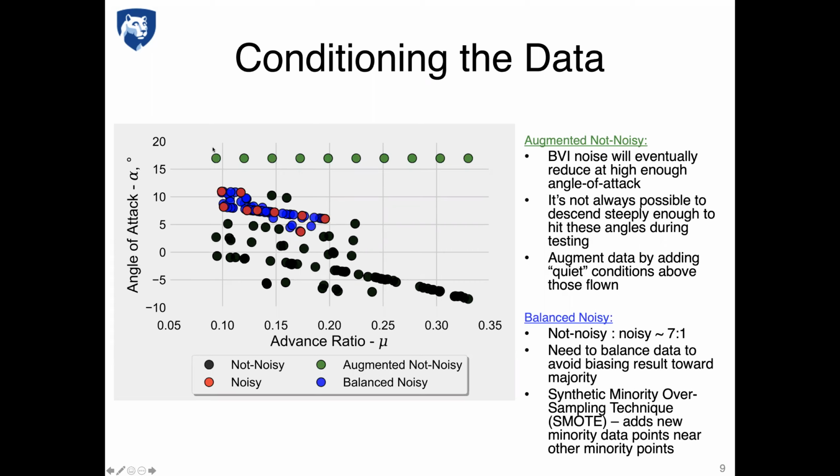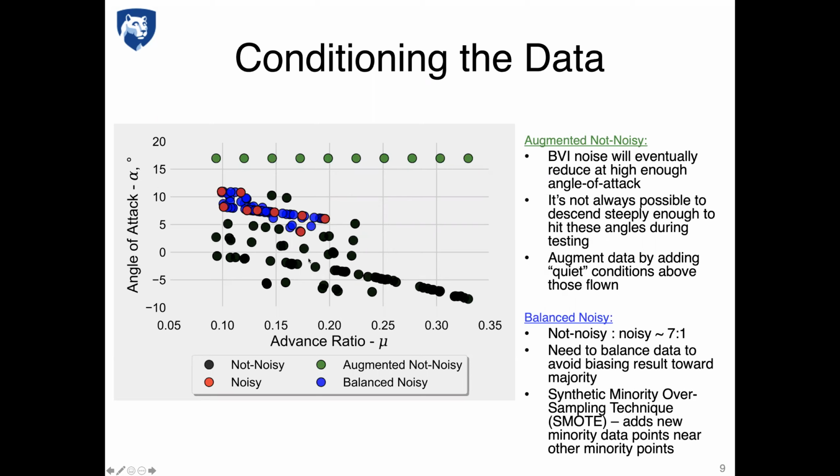So we don't have this measured data a lot of the time. So what we're going to do is add it synthetically. We can add some points at a very high angle of attack, knowing that there's not going to be BVI noise there, and that'll help close this noisy region, so it doesn't seem open-ended for a particular helicopter, a particular angle of attack.